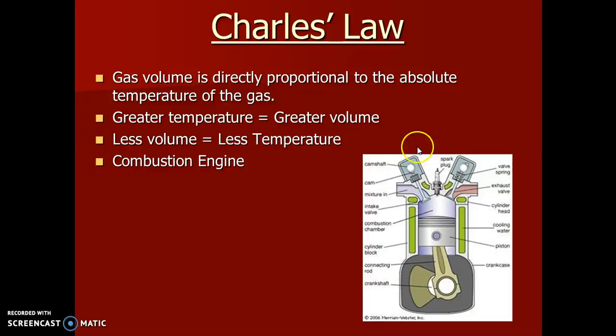You can see here, this chamber right here is the combustion chamber. As you drive a car, the gas comes into the combustion chamber, and then the spark plug ignites it. When the spark plug ignites it, it causes this gas to expand as it heats up, right?